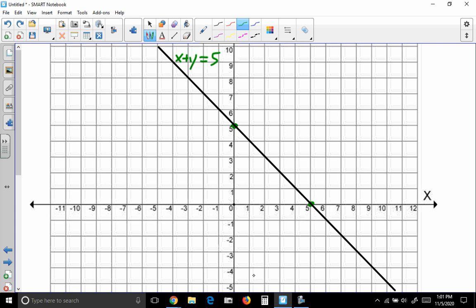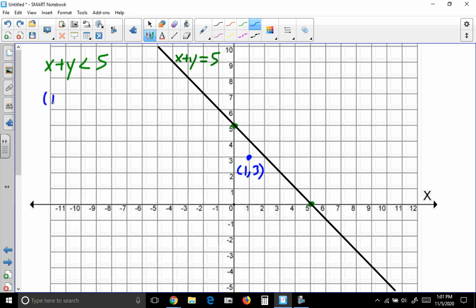Now we just need to determine on which side of that line is x plus y less than 5. So we can do this by doing a test point. We can pick a point on either side. For example, if we pick this test point, that's the point over 1 up 3.